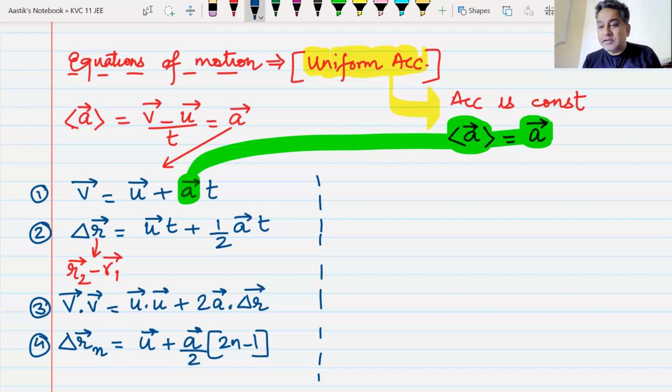So I have to use something. What will I use? Negative and positive signs. We will use positive or negative signs, and that is why you might have heard of positive velocity, positive acceleration, negative acceleration. They all refer to the direction.